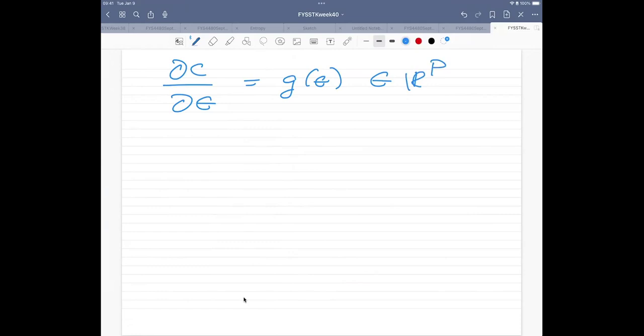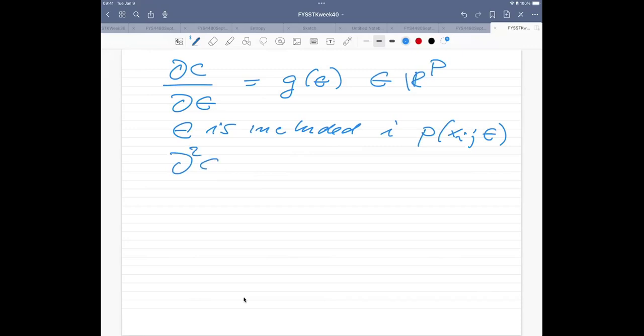We could also calculate, so theta is included in p, since p is a function of x of i and theta, the second derivative. And if we do that, that is going to be a matrix, which is our Hessian matrix, and we have that one multiplied with a matrix W, and this W depends on theta.